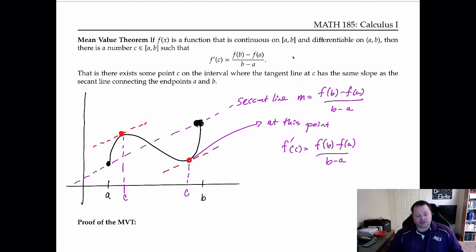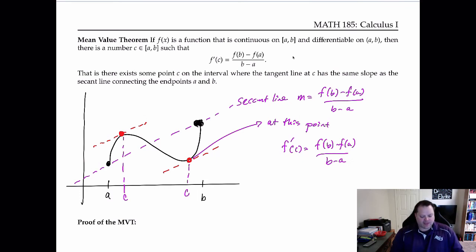So I'm traveling by car from Austin to Dallas, and I get done. I take the total distance I traveled divided by the total time. I get my average speed. So I know what my average speed is along the route. Let's say my average speed to Dallas is 60 miles an hour. What the mean value theorem says is there must have been somewhere on the trip that I went exactly 60 miles an hour. Think of it just like Rolle's theorem.